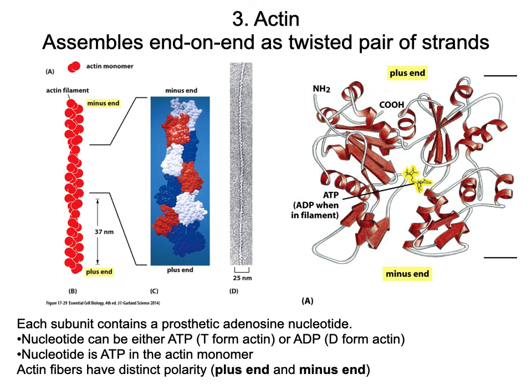And just like with microtubules, we had to have a molecule to help to form bonds and to provide energy in order for those bonds to occur, and that was GTP. For actin, it's going to be ATP, and on the right side, we can see our ribbon model of the actin and how we have our ATP present, and as this becomes a filament, that ATP is going to become ADP.